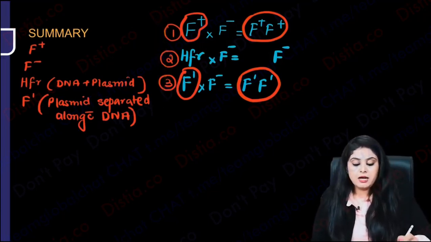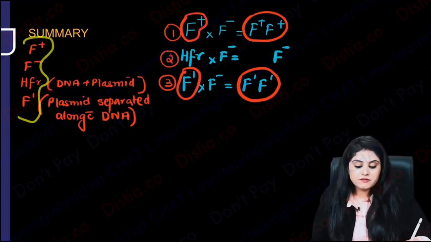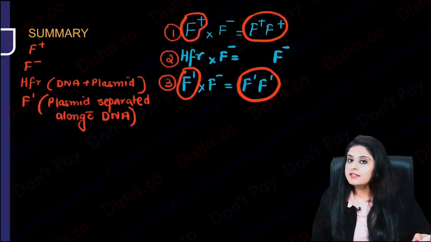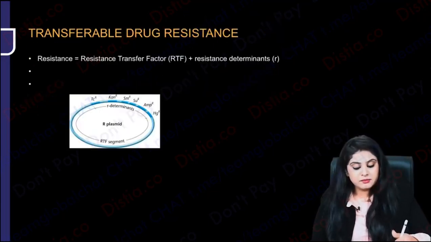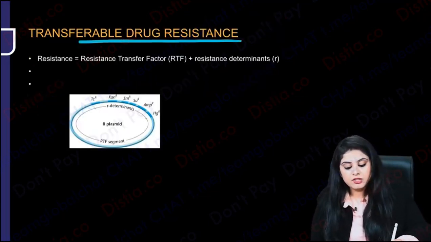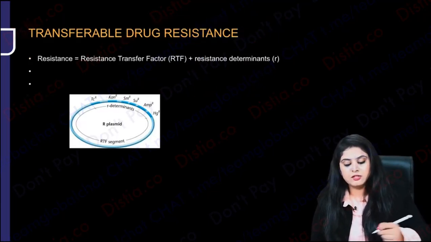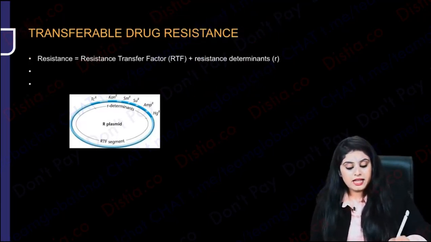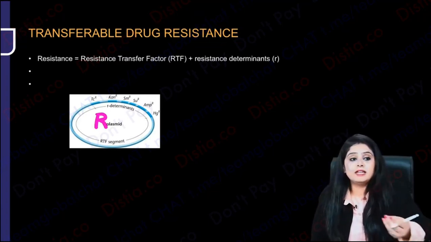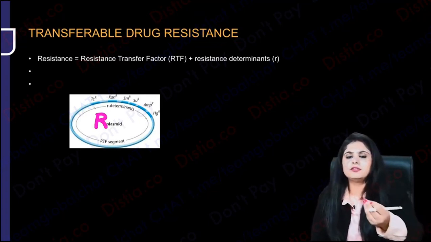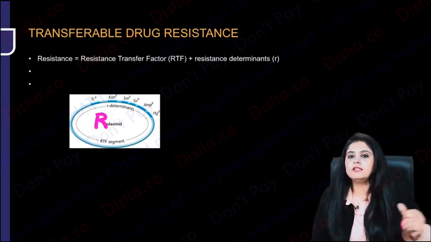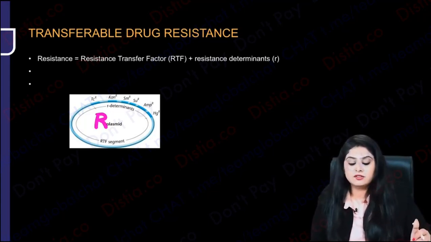Coming to, ma'am, are you only going to transfer the fertility factor? Can nothing else get transferred? No, that's not so. I also told you that plasmids can carry something for drug resistance. So instead of calling it an F plasmid, now I will call it an R plasmid, because maybe it's carrying factors for penicillin resistance, methicillin resistance, or any other antibiotic resistance, vancomycin resistance.